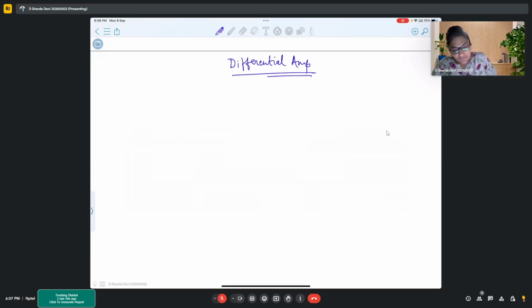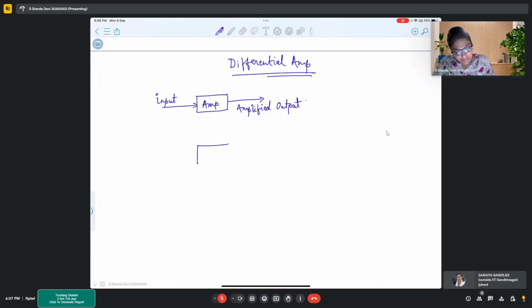So, till now, what we have seen is there is an amplifier where we give input and we get amplified output, correct? So here what happens, let's say for the same amplifier, in your input there is noise added.